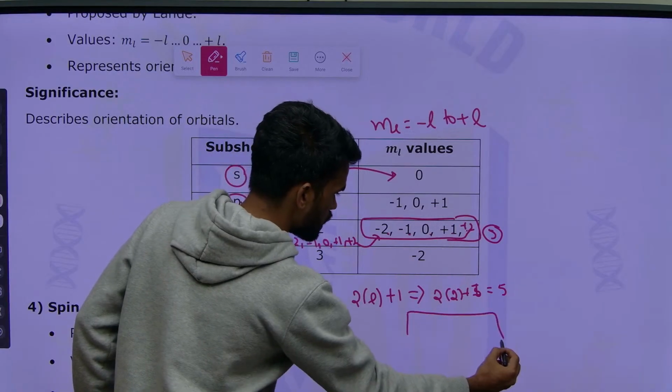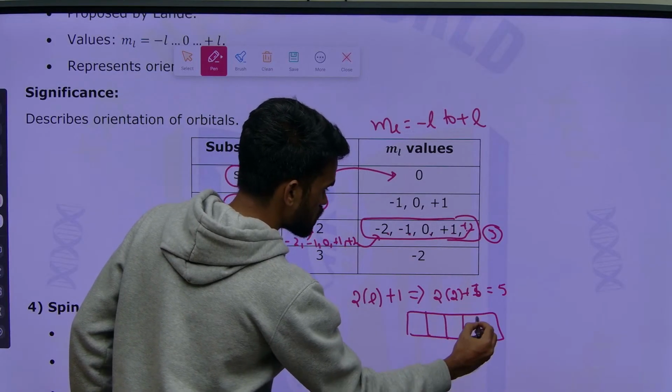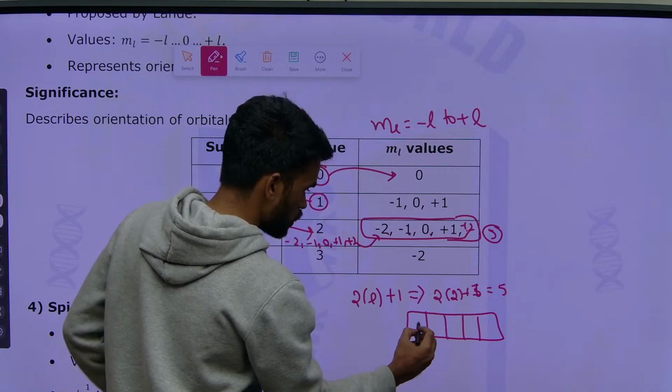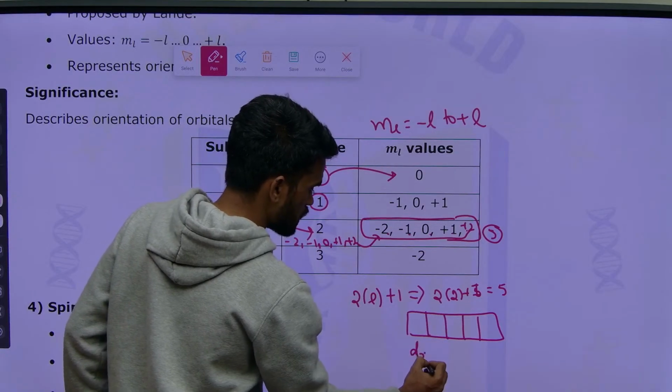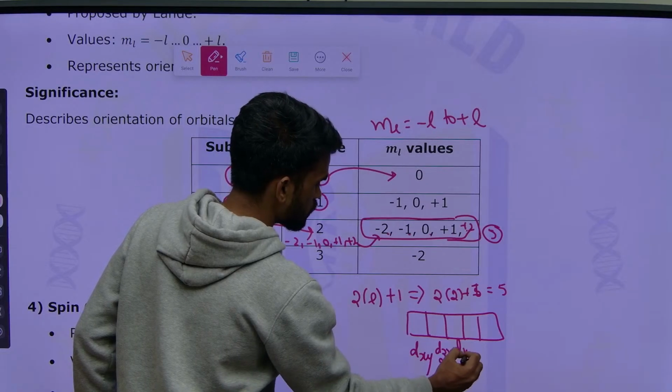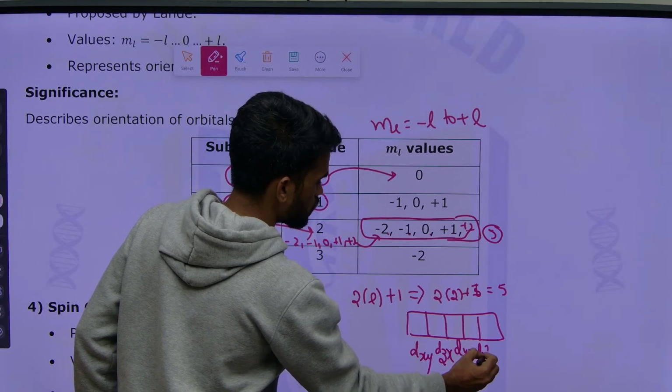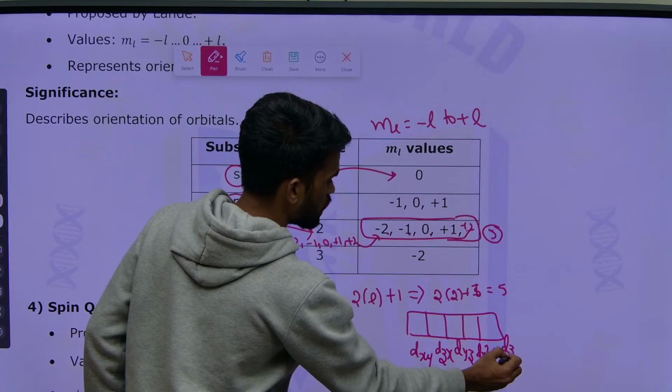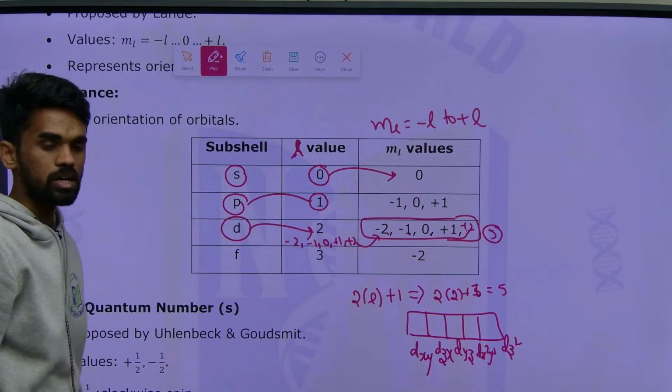How can you indicate them? In 5 boxes here. Each box is indicated like dxy, dyz, dzx, dx square y square, dz square. Like this we indicate them while writing the electronic configuration.